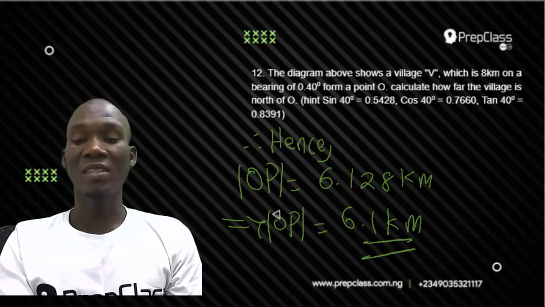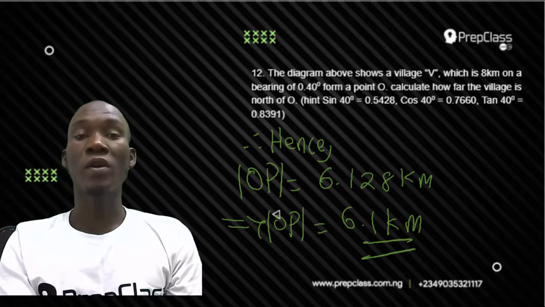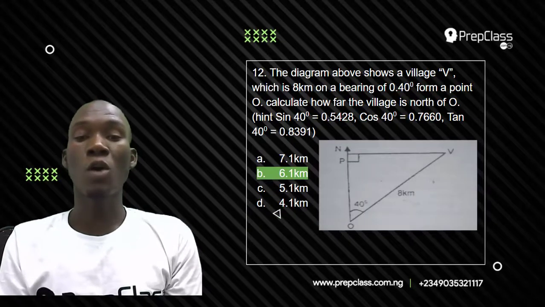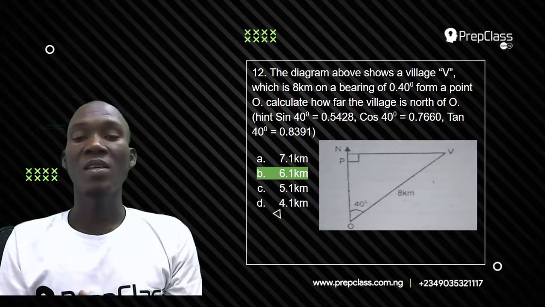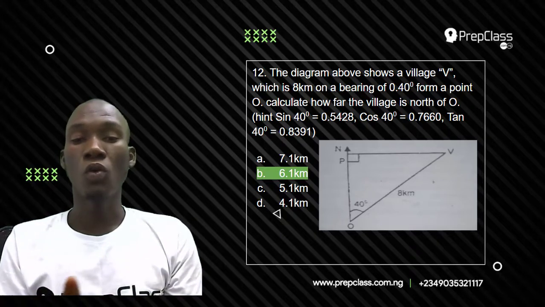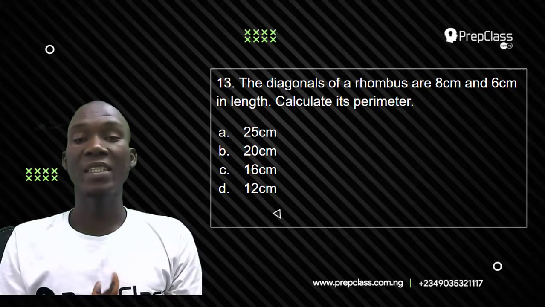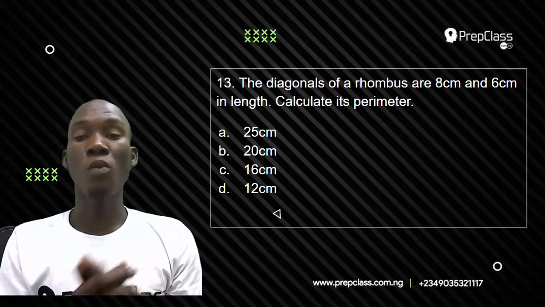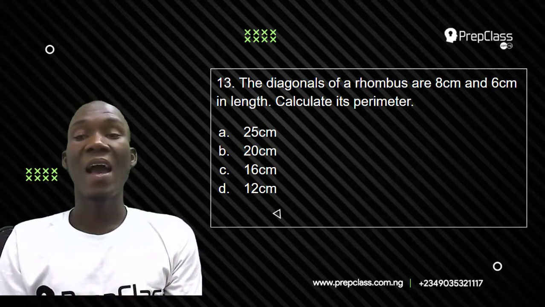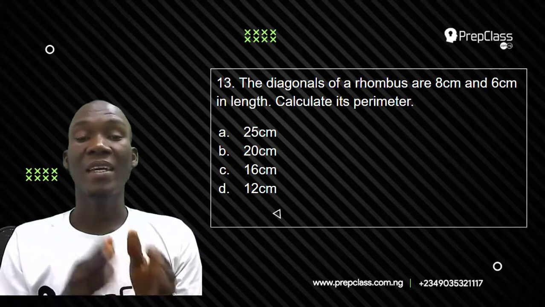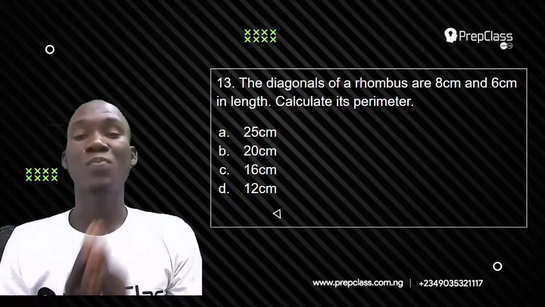So this means that the distance of the village from the north of O is 6.1 kilometers, and the correct option is option B, 6.1 kilometers. So let's move to the next question. Question number 13. The diagonals of a rhombus are 8 cm and 6 cm in length. Calculate its perimeter.